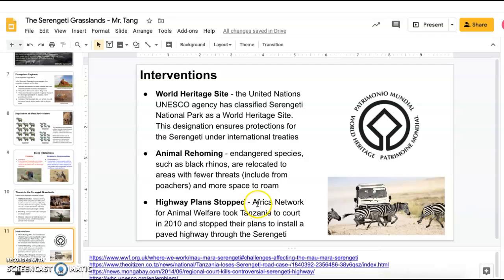So this organization called the Africa Network for Animal Welfare actually took the country to court. They filed their case in 2010. It actually took 4 years. So in 2014, the trial was completed in the courts, and the country was stopped from building that highway.